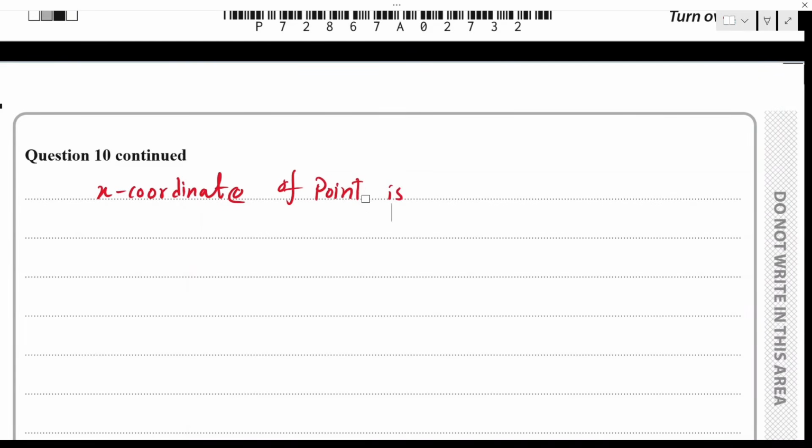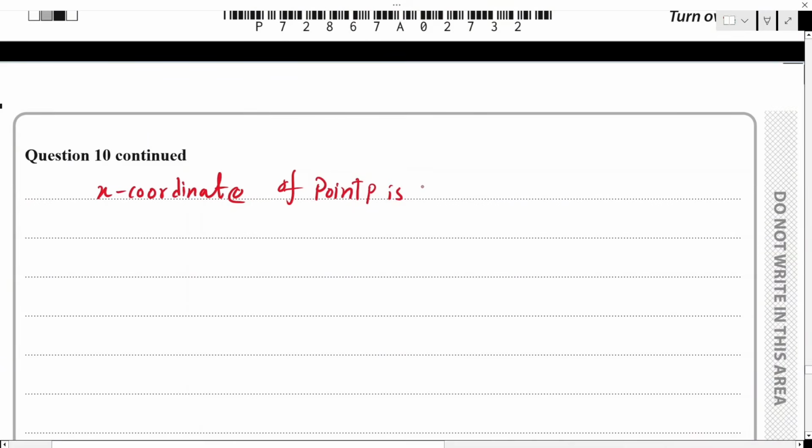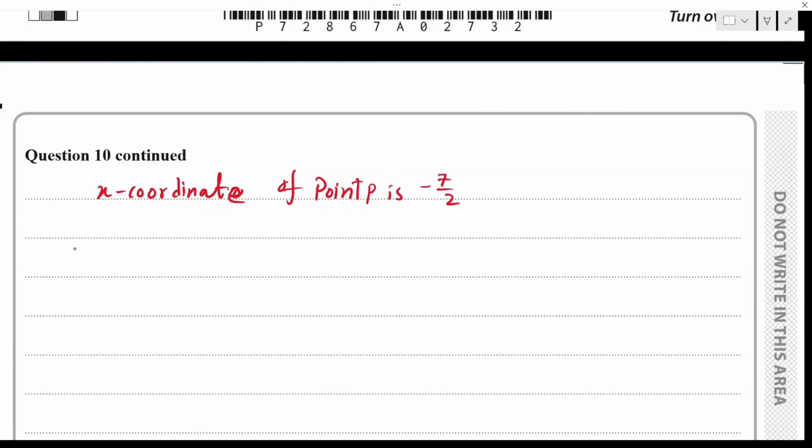We can say that the x coordinate of our point P is minus 7 by 2. I can use this x coordinate to find out the y coordinate of our point P. So we know that y equals 7 minus x divided by 2x plus 3. Using our value of x, we get 7 minus of minus 7 by 2 divided by 2 into minus 7 by 2 plus 3.